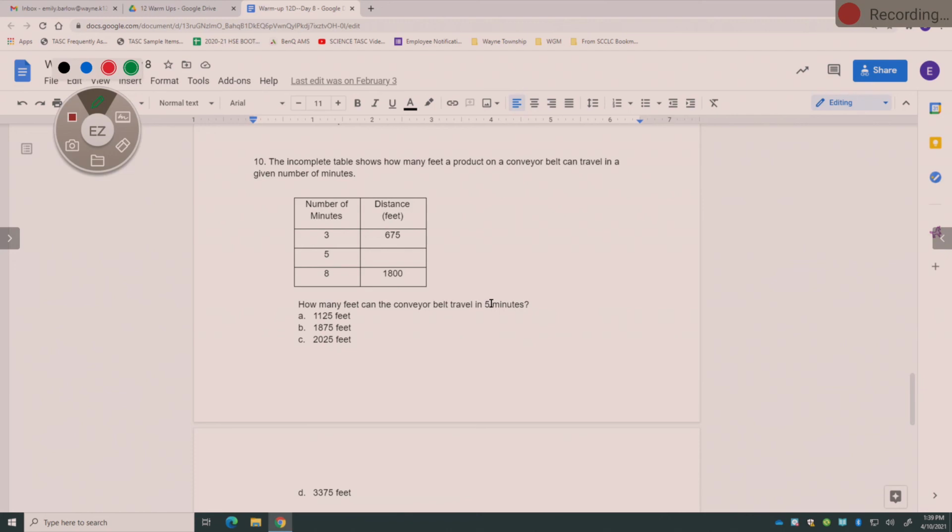These numbers are all in proportion to each other. So I can say the number of minutes and how far it travels equals another number of minutes and how far it is going to travel.